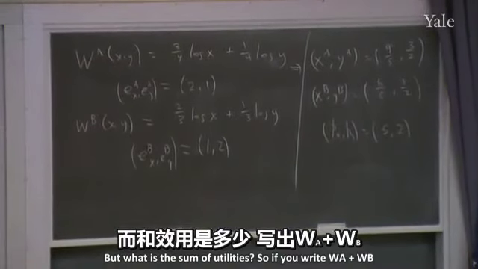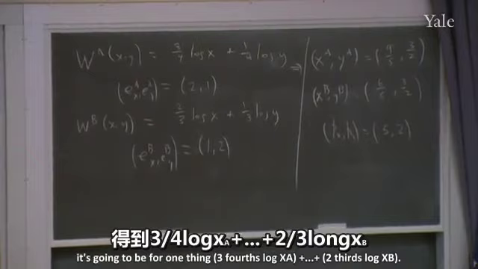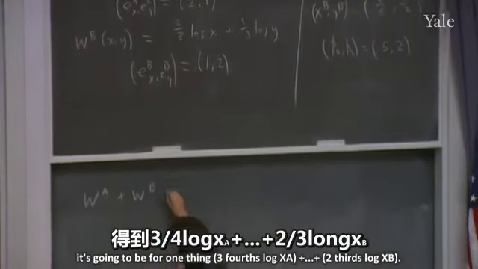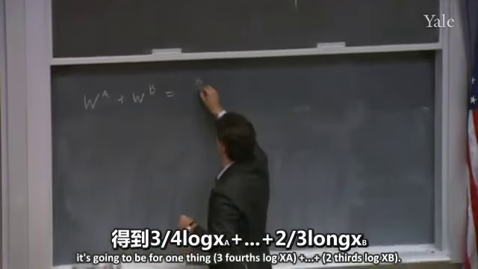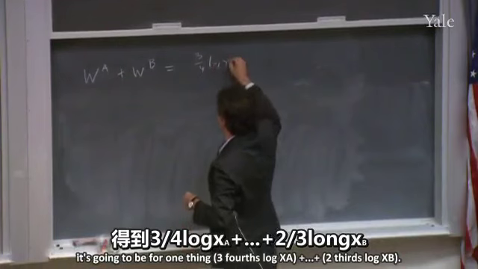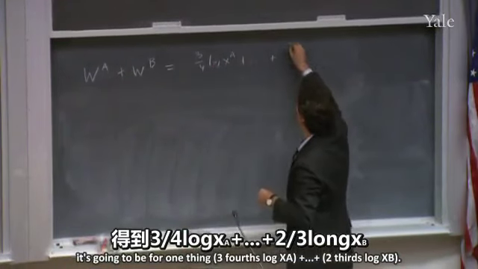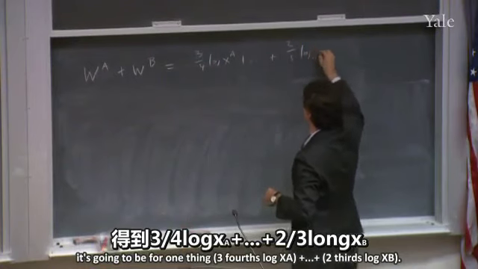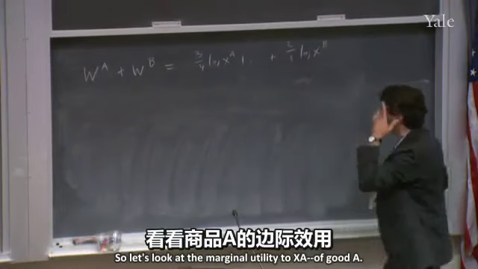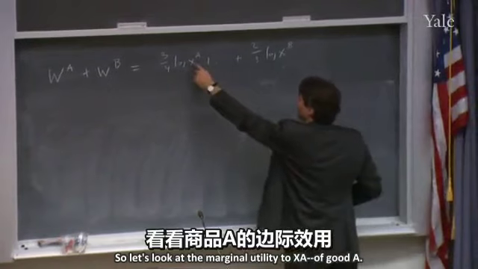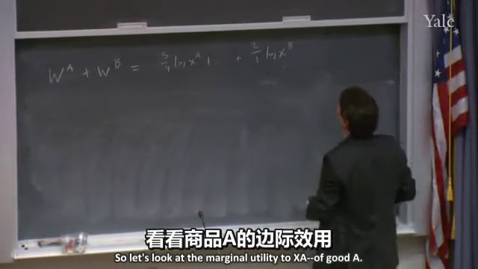Okay, so if you write WA plus WB, it's going to be, for one thing, 3/4 log XA plus 2/3 log XB. So let's look at the marginal utility to A of good X.